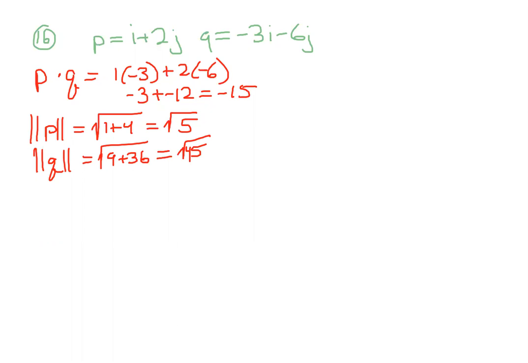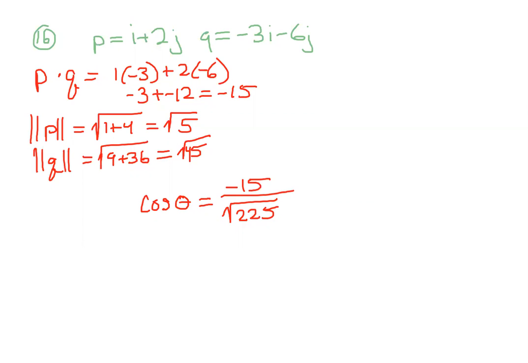And if we put those together, 45 times 5 is 225. So we can say cosine theta equals -15 over the square root of 225. Go ahead and put that in your calculator.